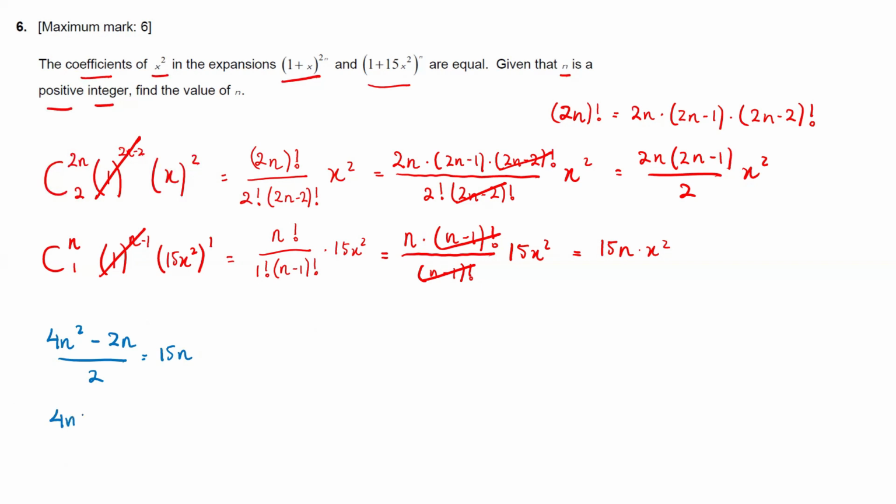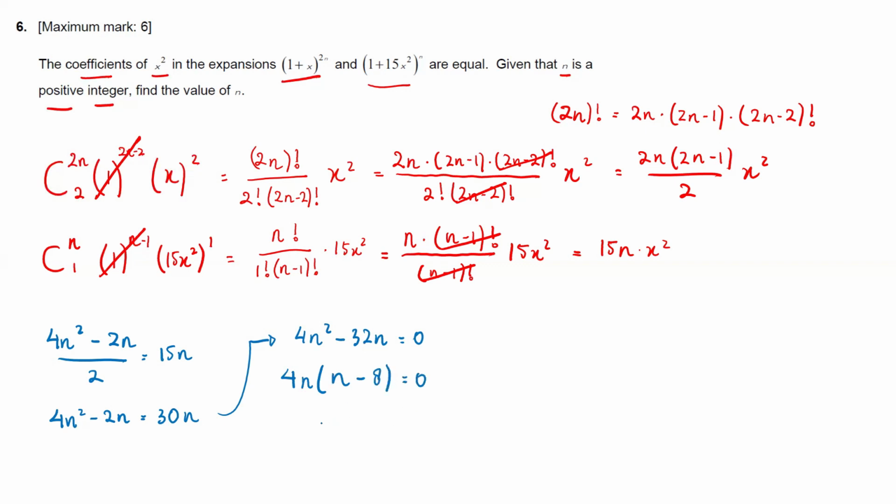So it's going to be 4n squared minus 2n equals to 30n. Okay? Meaning that we will have 4n squared and then I'll have minus 32n equals to 0. Now let's factorize what we can factorize. First, I can take out 4n right there. So we will have n minus 8 equals to 0.